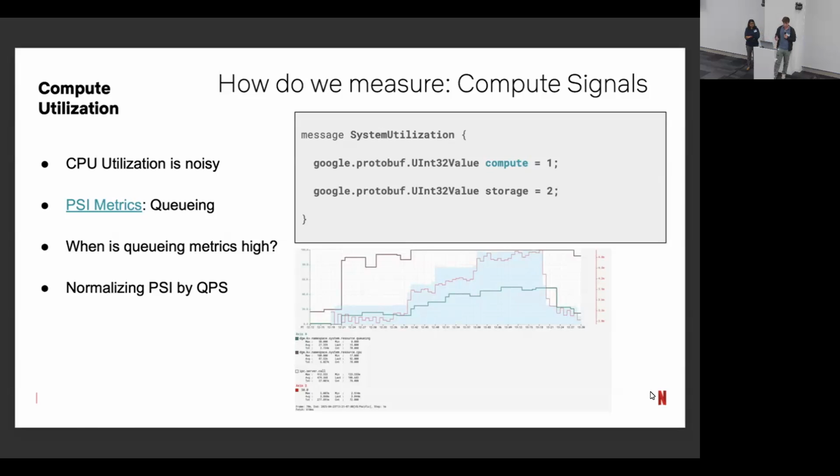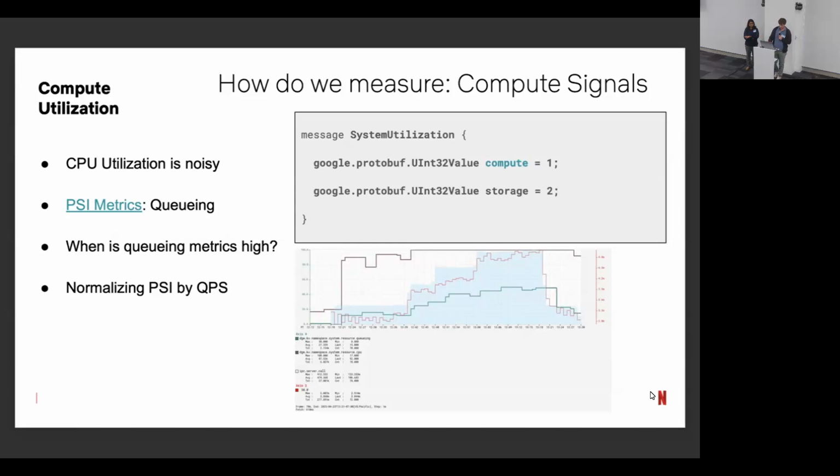The final thing I'll mention is that it's still hard to pick an absolute number to shed on with PSI metrics, but you can work around this by normalizing your PSI by the number of queries you're doing. This gets you to a number that's fundamentally something like: how much time per request am I spending purely on queuing that I wouldn't be spending if I had more resources available to run these tasks as they came in.